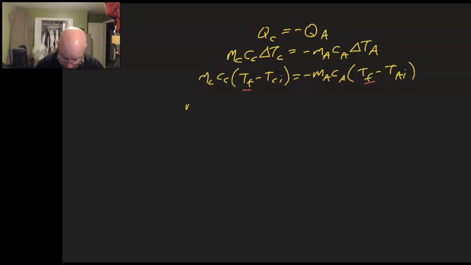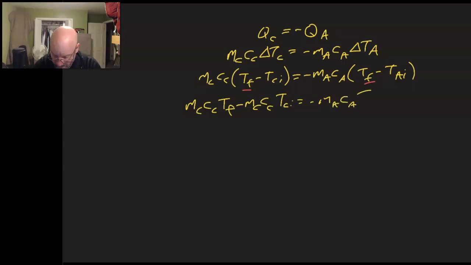And so we're going to have here MC CC TF minus MC CC TC initial. It's going to be minus MA CA T final plus, because it's minus times minus when we put it in there, MA CA TA initial. Now, let's put all the TFs on one side of our equal sign.